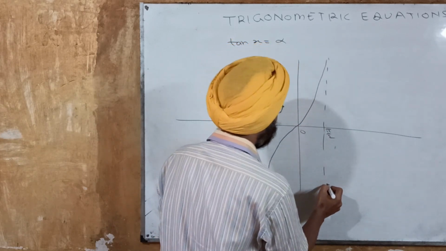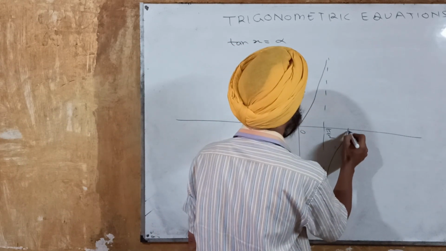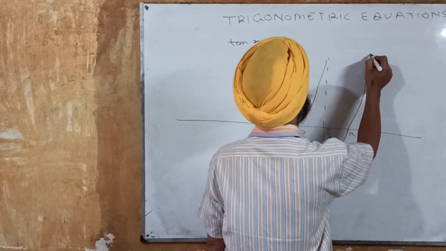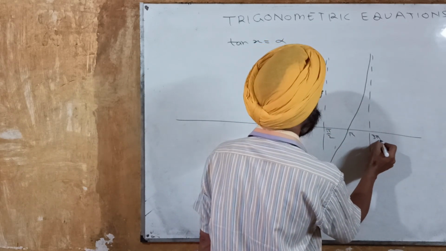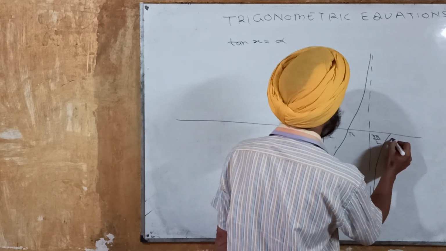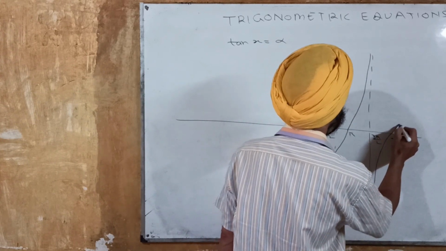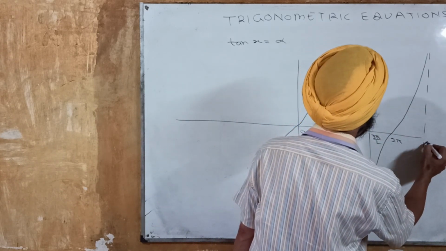Then the values will start from here, and here it will be pi, and then again it will be the line 3 pi by 2. Once again the graph will start from the bottom, it will reach 2 pi and go up, and there will be the line 5 pi by 2, and so on.